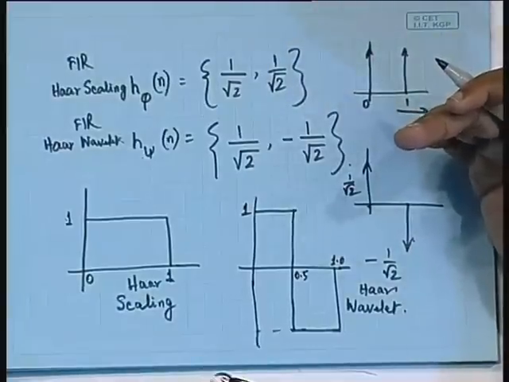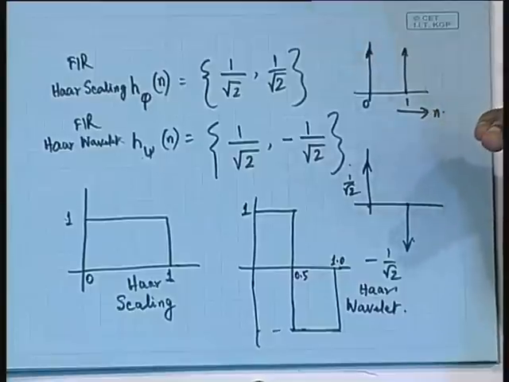In fact, computationally it is a very simple thing. 1 by root 2 is a constant factor. So you can multiply by 1 by root 2 with every level of scaling, but other than that it is only adding samples or subtracting samples. If it is a low pass filter, add the samples; if it is a high pass filter, subtract the samples.